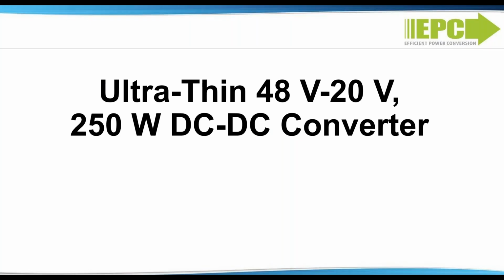Now let's discuss how leveraging the advantages of eGaN FETs, such as small size and low loss, enhance the performance of ultra-thin multi-level DC to DC converters to meet the demanding requirements of high power in small form factors for ultra-thin laptops and high-end gaming systems.